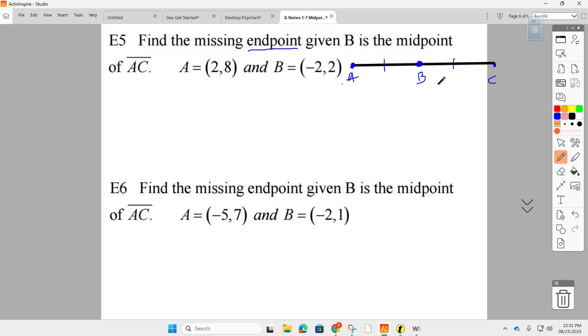Now let's label the stuff that they gave us. We know the ordered pair for A, so let's put that there. We know the ordered pair for the midpoint, so let's label it.